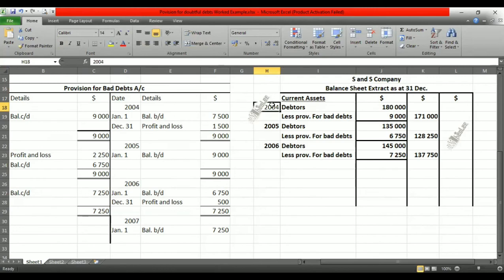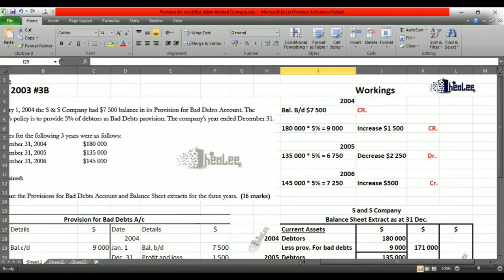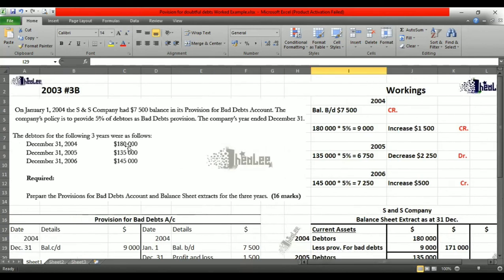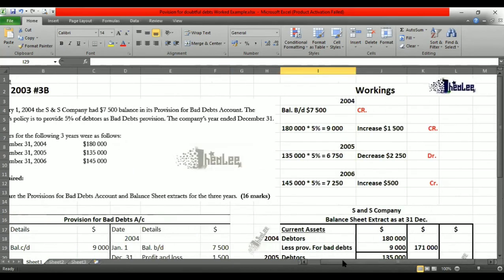The years were 2004, 2005, and 2006. But remember, before you work any question, you need to read the question, find out what is required, and proceed to do your workings. Most provision for doubtful debt questions, you have to do your workings.